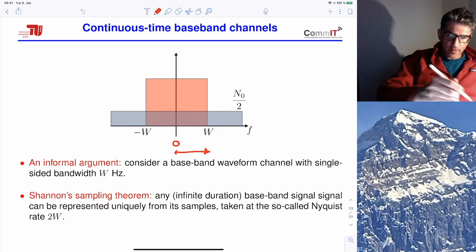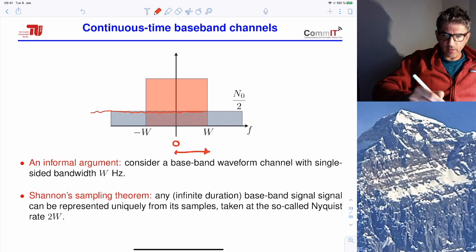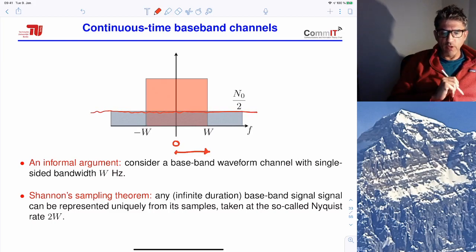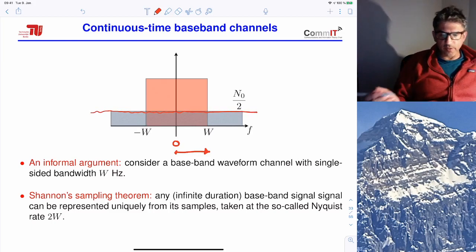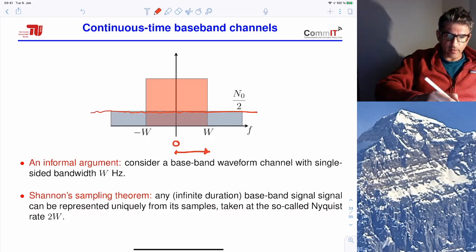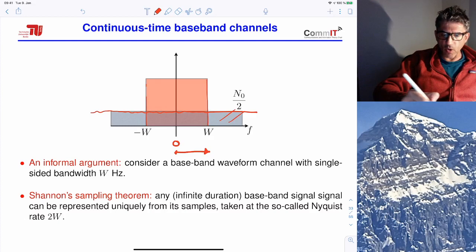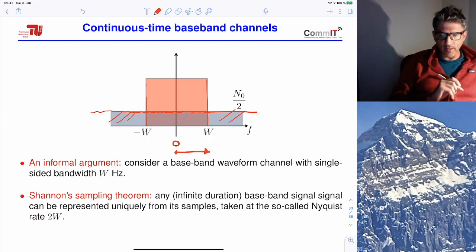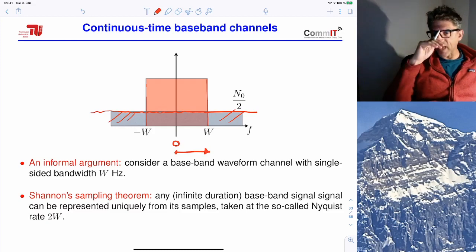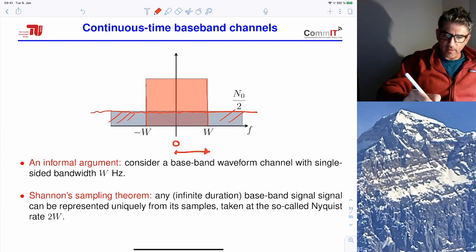And then there is a white noise, which has a power spectral density which is flat over a bandwidth much larger than the signal bandwidth. When we filter at the receiver input, we have a filter that cuts away all the noise outside. Basically, we have a noise which is frequency flat over the signal bandwidth and has a power spectral density equal to N0 half.